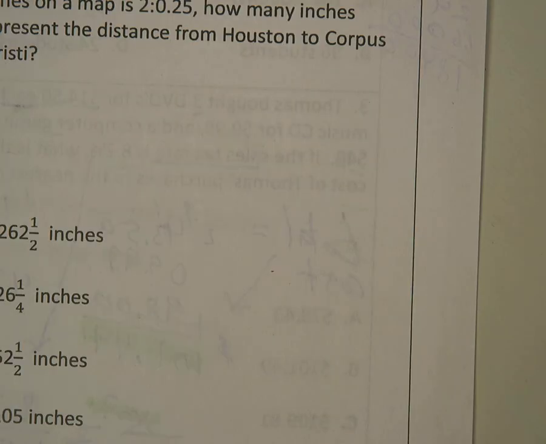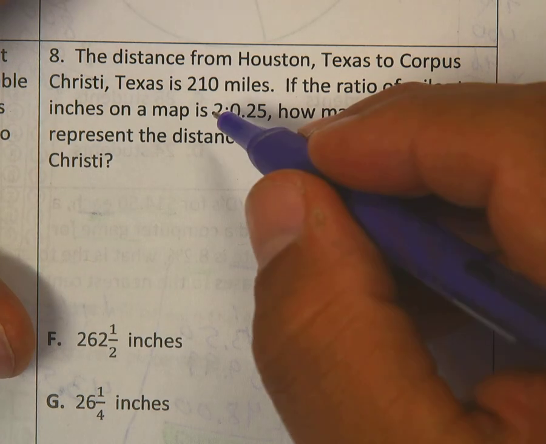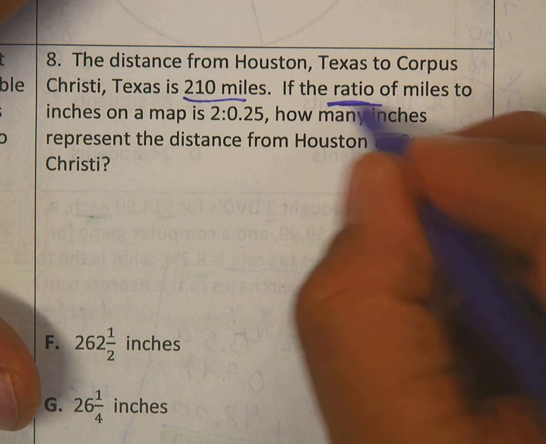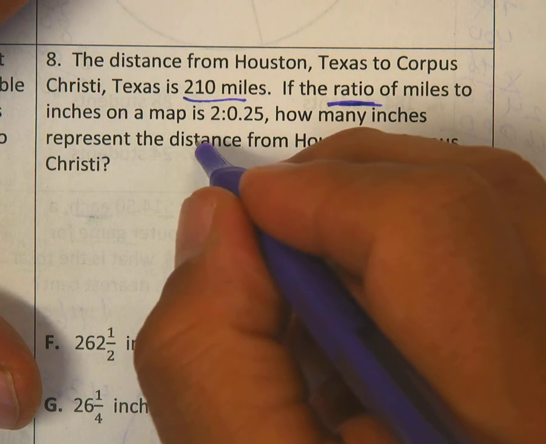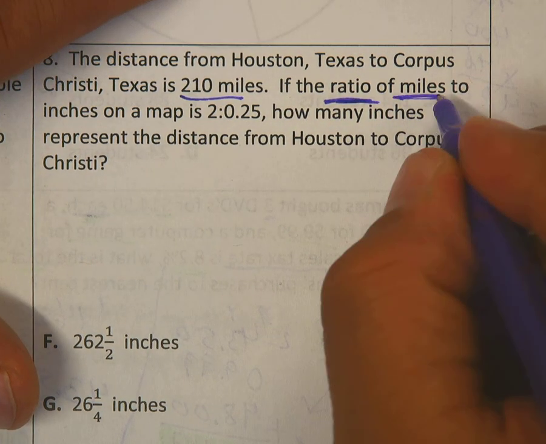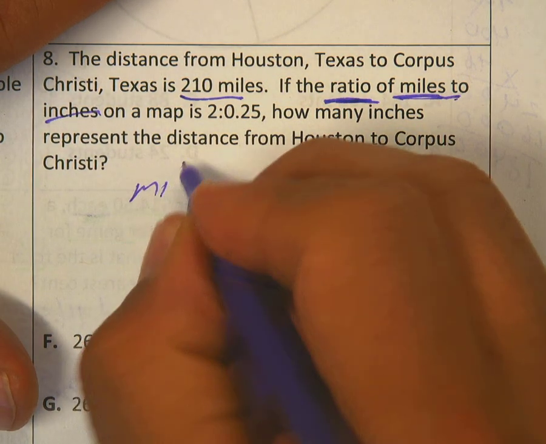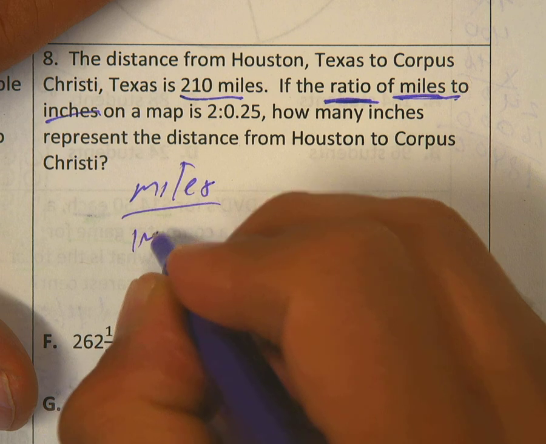Number 8 there, we have the distance from Houston, Texas to Corpus Christi is 210 miles. If the ratio, look at the keyword, ratio of the miles to inches is, okay, so look at the keyword, miles to inches. So we'll put miles to inches.